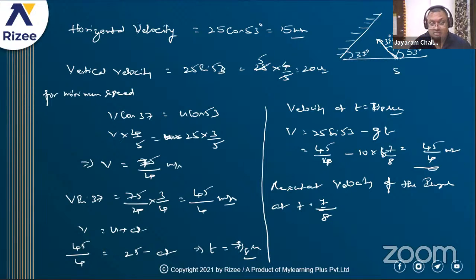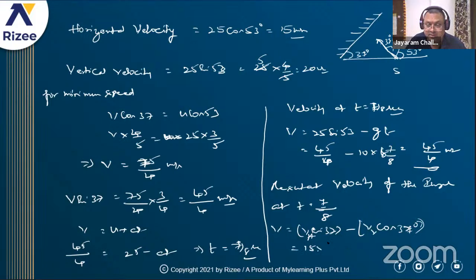At the same time, if you want the velocity, v is equal to the horizontal component into sine 37 minus the vertical velocity into cos 37. When you solve this, you get 15 into 3 by 5 minus 45 by 4 into 4 by 5, which is 9 minus 9, equal to 0.